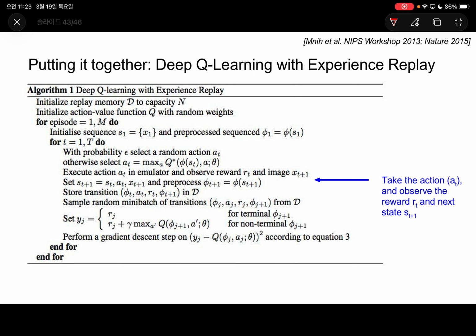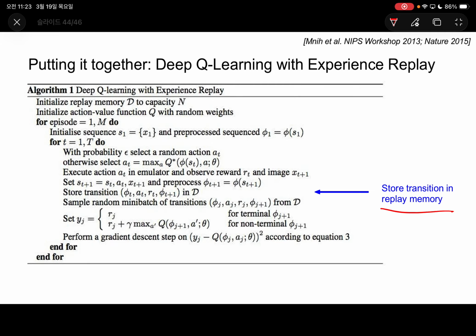So far, there is nothing special about experience replay, but then here we have store transition. That is the experience replay. So we play the game. From the current state, we perform some action, random or greedy, whatever we choose, and we get an updated state, and then we store this transition from the state to the next state in memory D, which is the replay memory.